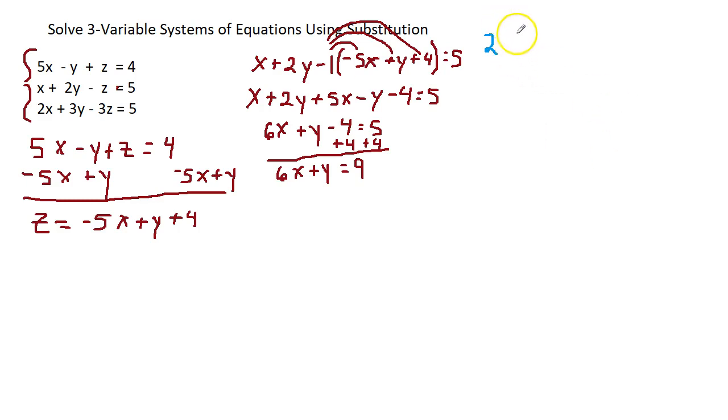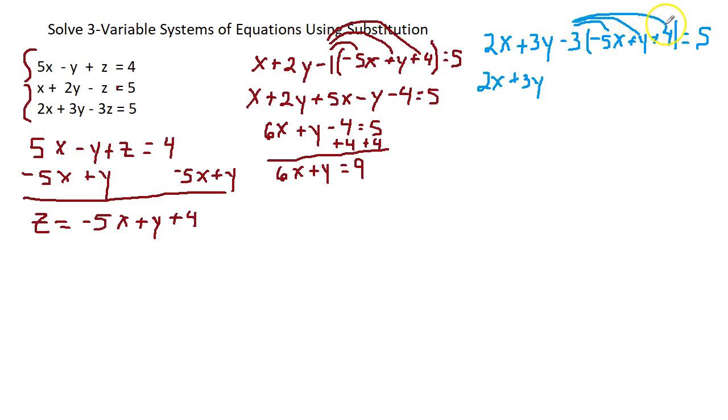All right, I have 2x plus 3y minus 3 times z, which z is negative 5x plus y plus 4, close parenthesis, equals my 5. So bring down my 2x, bring down 3y, distribute my negative 3 to all 3 locations.